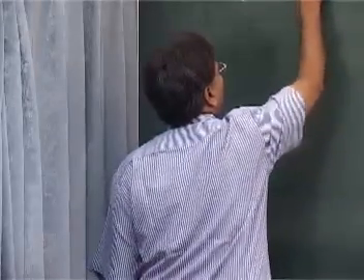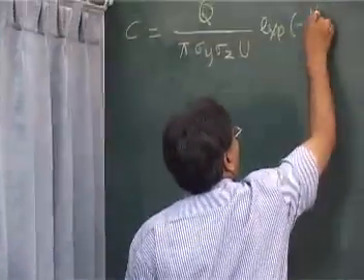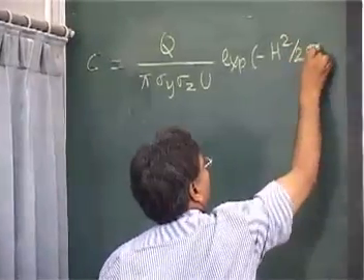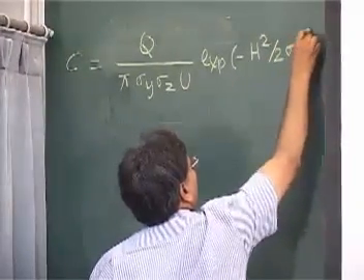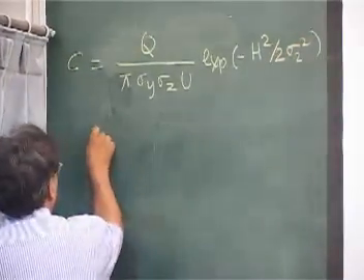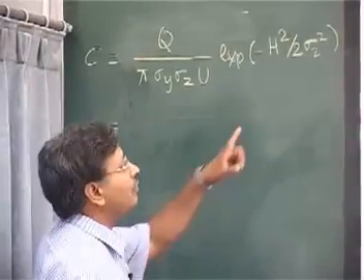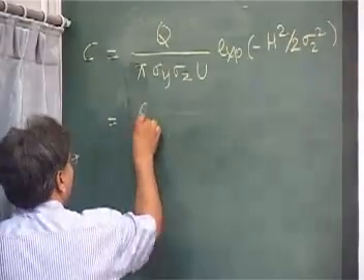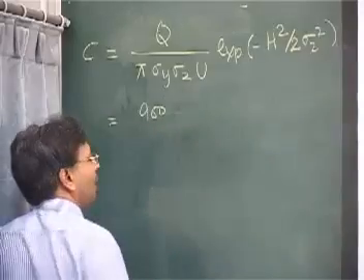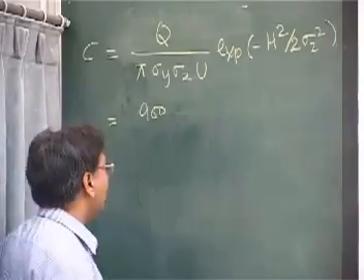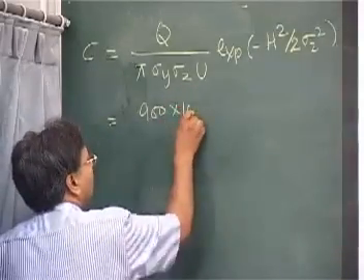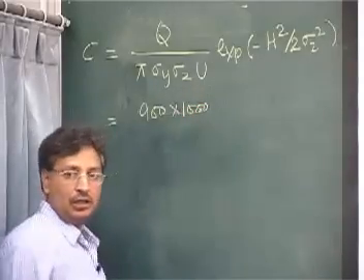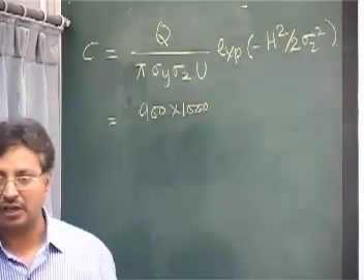Exponential minus h square. So Q, I should be careful with the units. So 900, I want to find out in micrograms per meter cube. So 900 times 1000 is my grams, right?